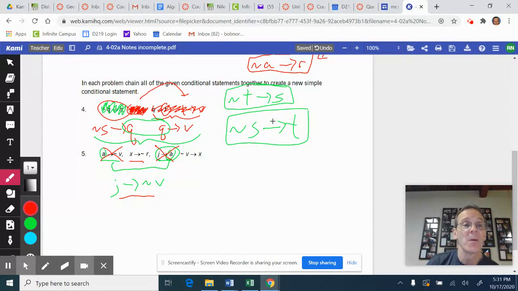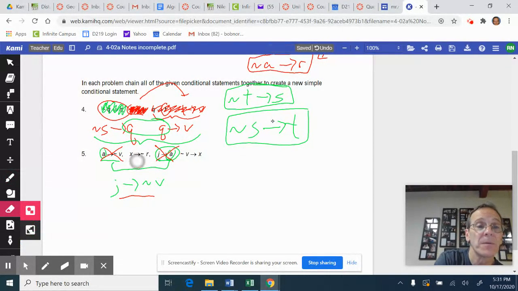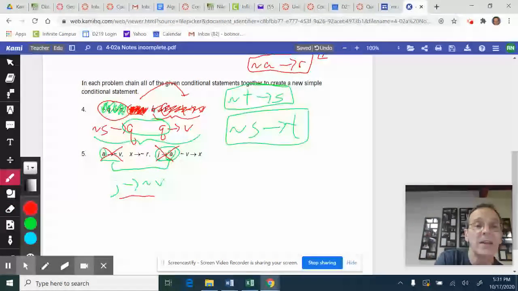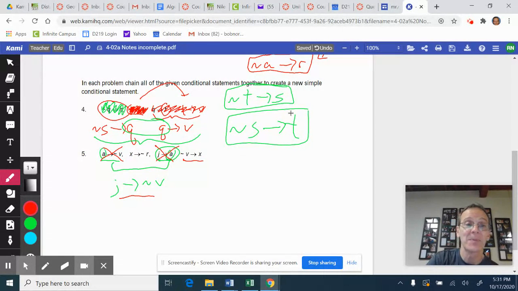Okay. But I do have a J implies not V and a not V implies X. Isn't that convenient? Right? I mean, if J leads to not V and not V leads to X, those two statements can be simplified or reduced down to J implies X, because that not V is that common domino in the middle.